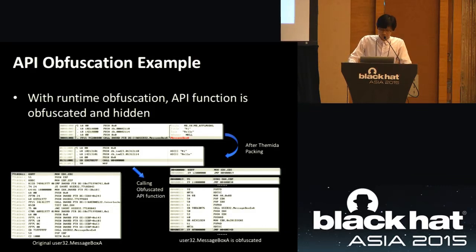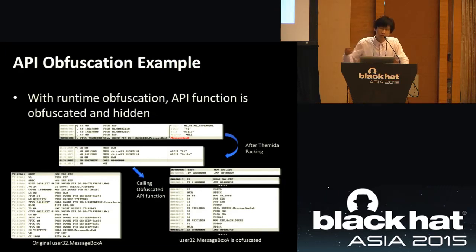As you can see, the original program was calling the MessageBox API function, and after Themida unpacking, the packer changes the call instruction, and the call target is changed to 0040000.